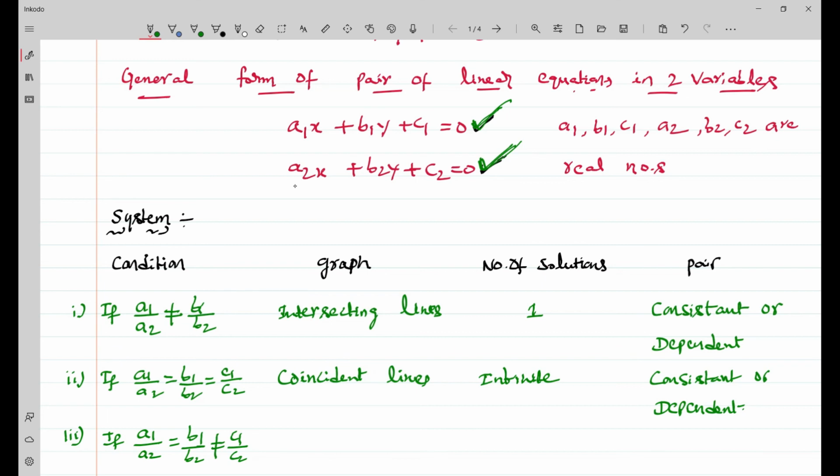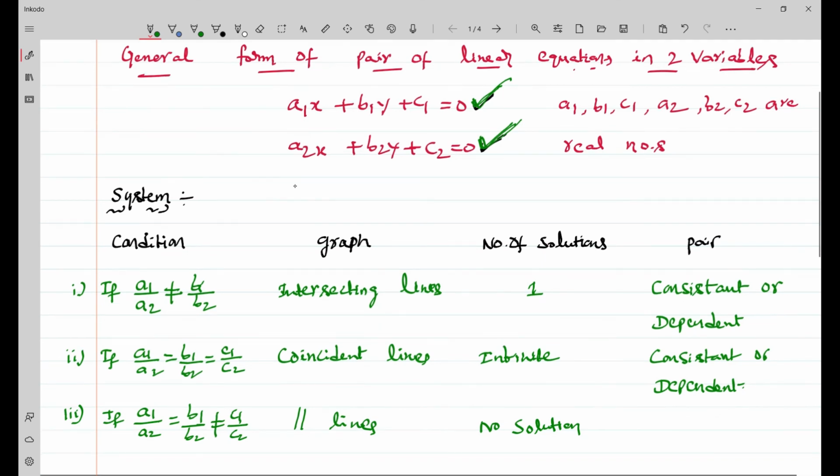So I am writing here parallel lines. Their graph will be parallel lines. And the number of solutions, if both are parallel lines, obviously there is no single solution. That's why I am writing here no solution. Here 0 solutions are there.